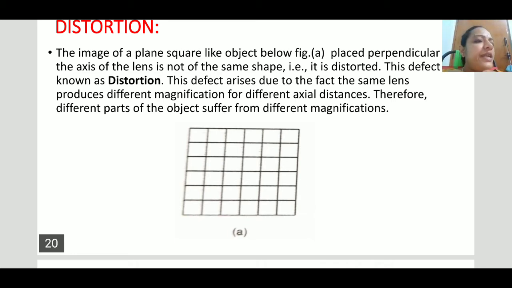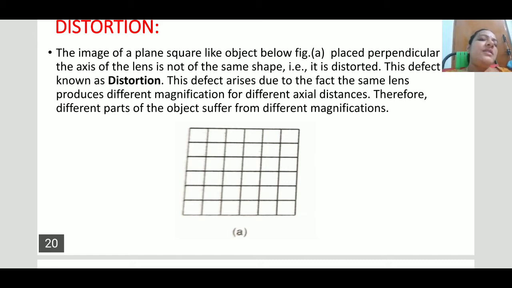Suppose we take a square-like object, as you are observing in this slide, placed perpendicular to the axis of the lens. The lens does not form an image of the same shape.